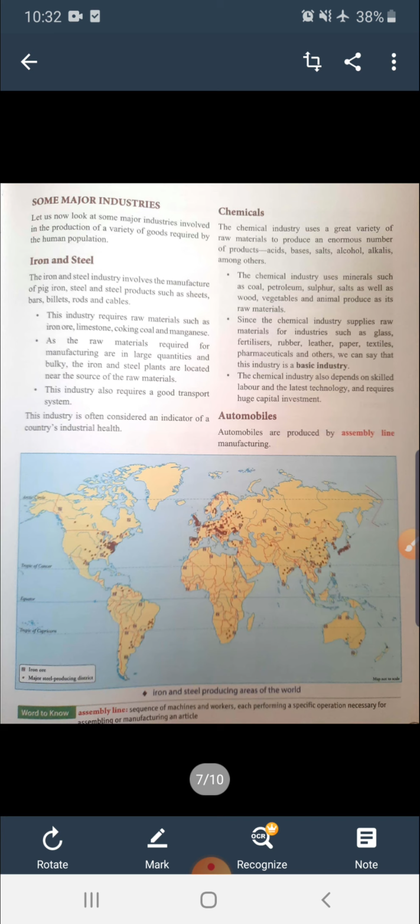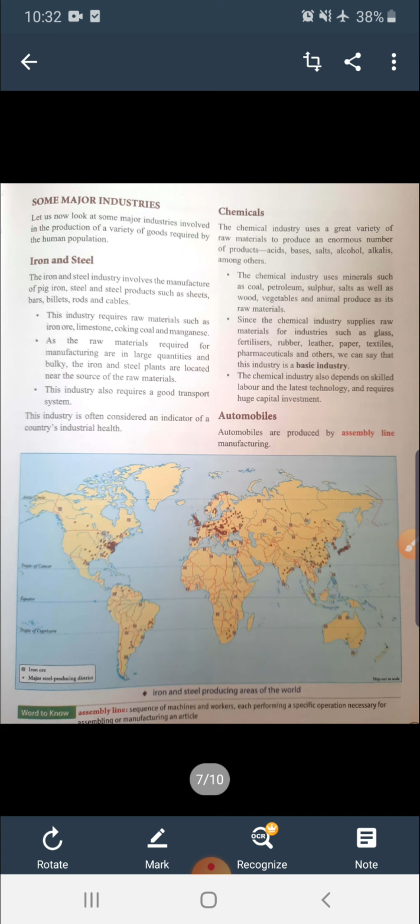So, different raw materials are there for different types of chemicals. Since the chemical industry supplies raw material for industries such as glass, fertilizers, rubber, leather, paper, textiles, and others, it is considered a basic industry.